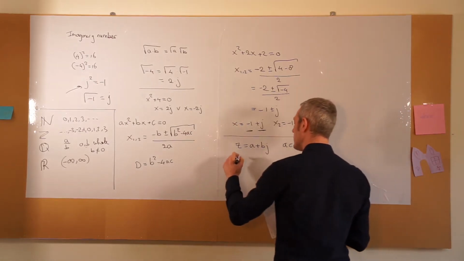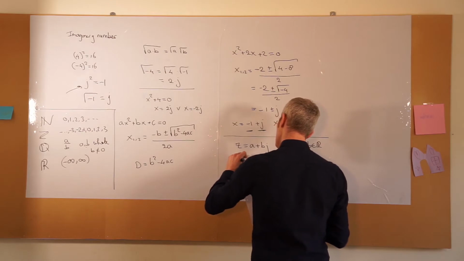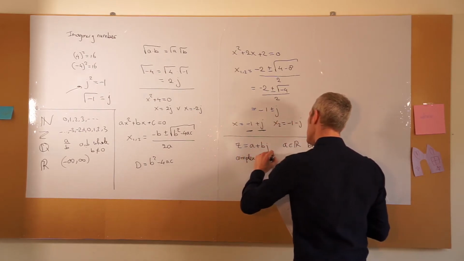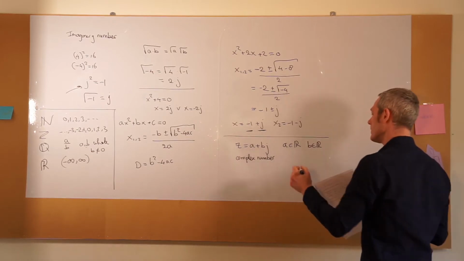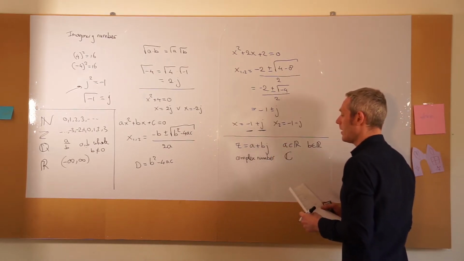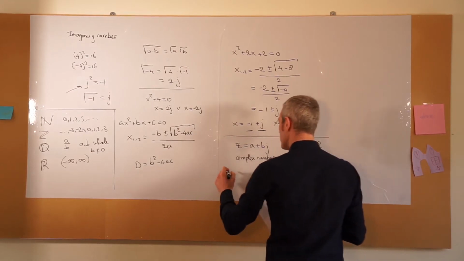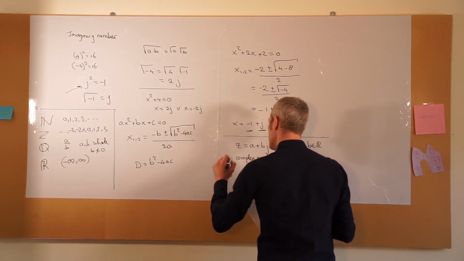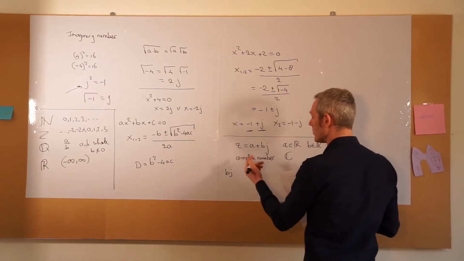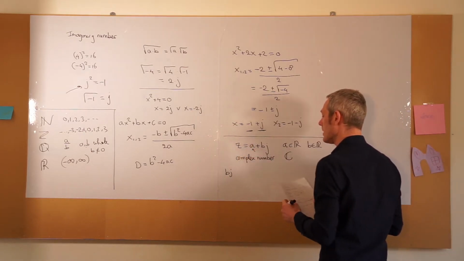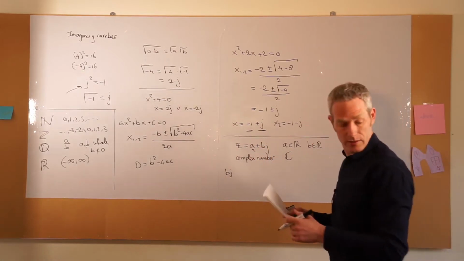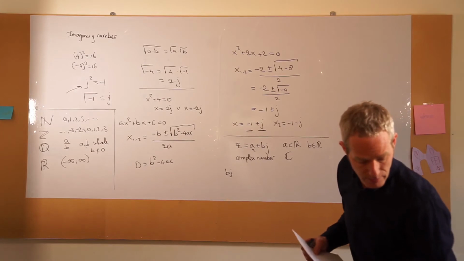Together, this is called a complex number. And the set of complex numbers is denoted by c. Now, any number b times j is called an imaginary number, and if there's no j, it is called a real number.